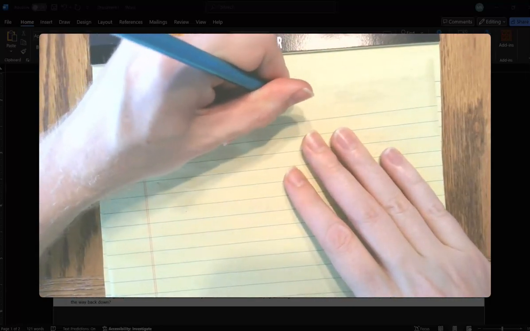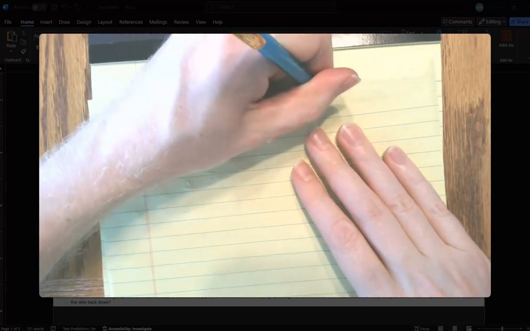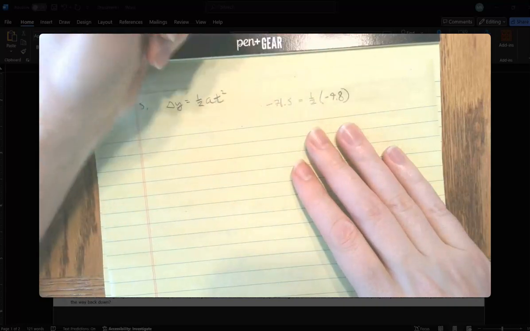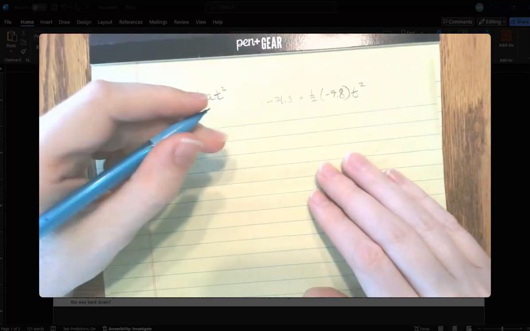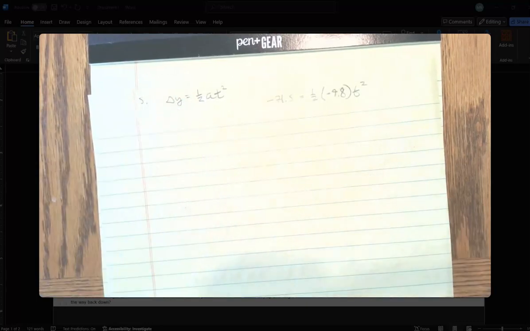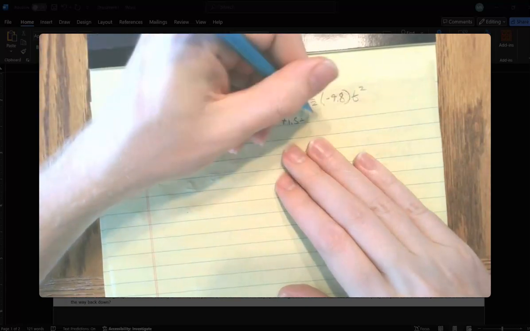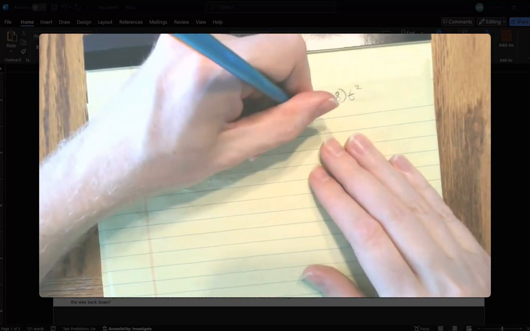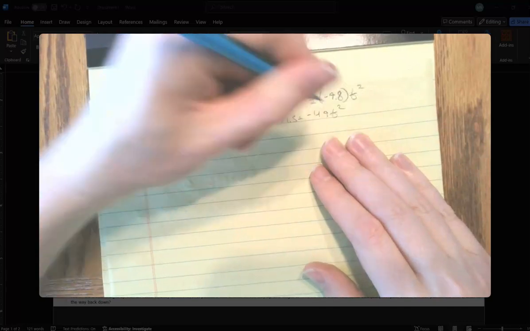So you have negative 71.5 equals 1/2, and then the acceleration due to gravity is negative 9.8 times t squared. So you have negative 71.5. If you take 1/2 times negative 9.8, that's going to be negative 4.9 t squared.